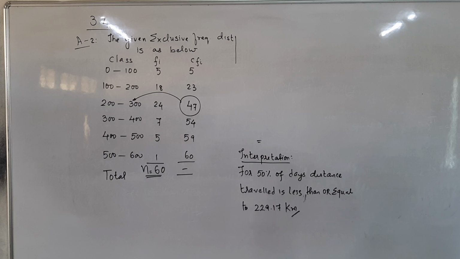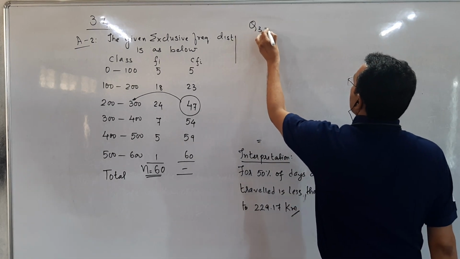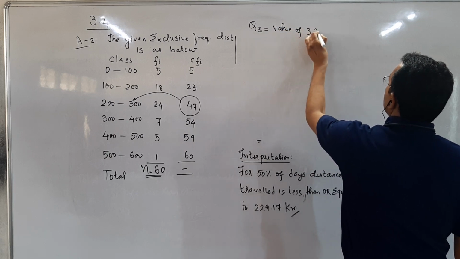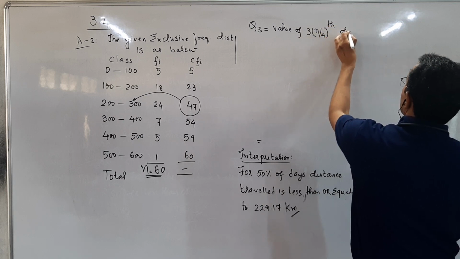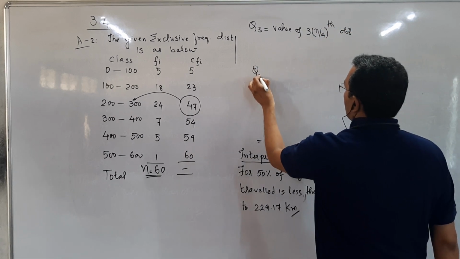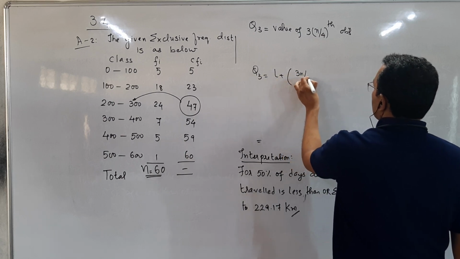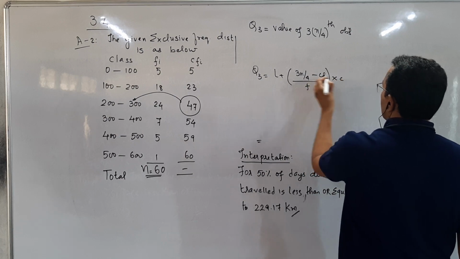To find Q3, first of all, we have to locate the Q3 class, third quartile. Q3 is equal to the value of 3 into n by 4 observation, because the formula for Q3 is L plus (3n by 4 minus CF) upon f into C.